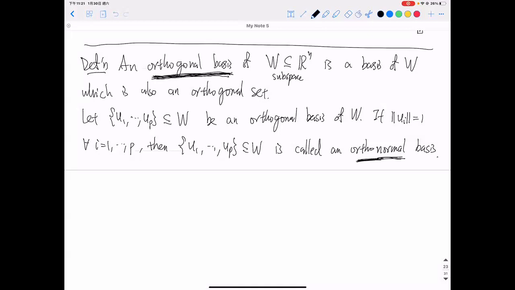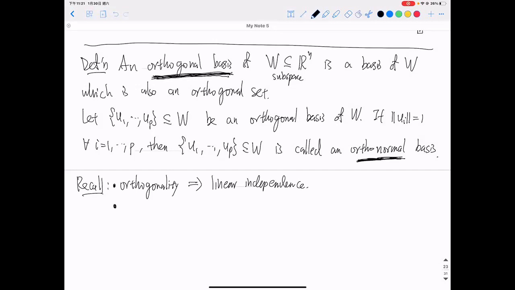If in addition these vectors all have length 1, then such a basis is called an orthonormal basis. Recall that orthogonality implies linear independence. That's one theorem that we worked out moments ago.